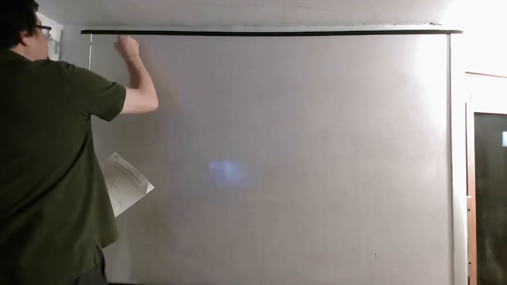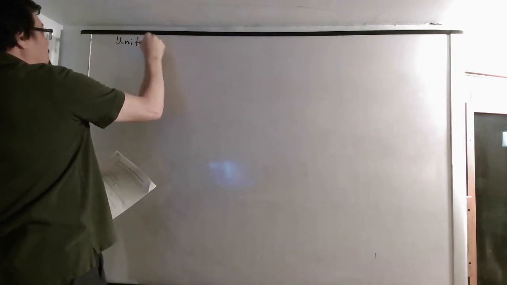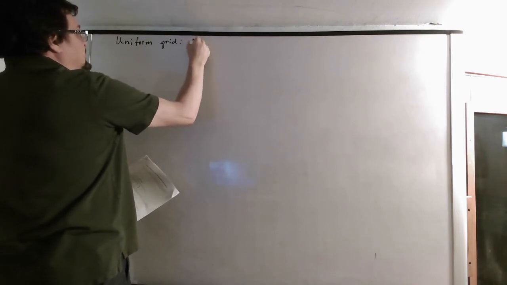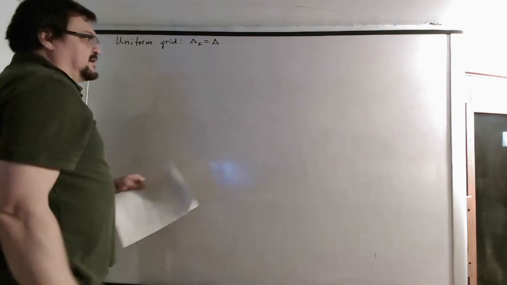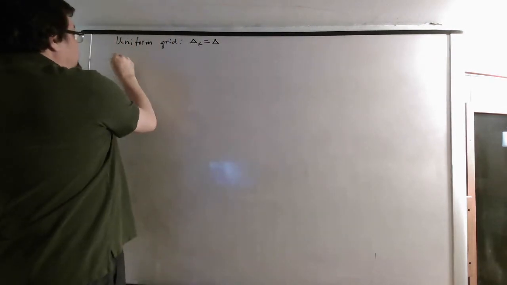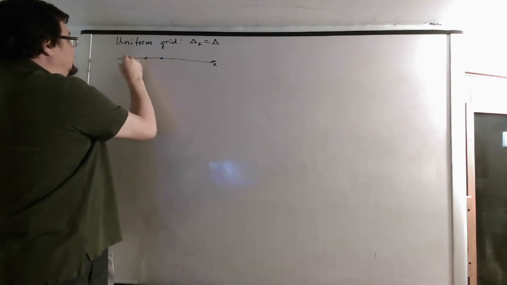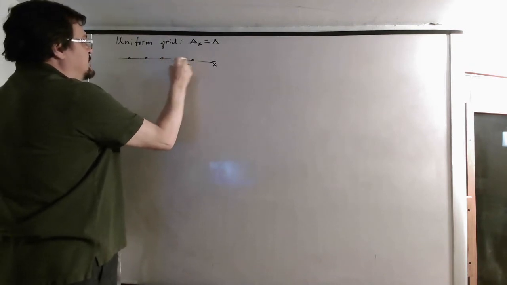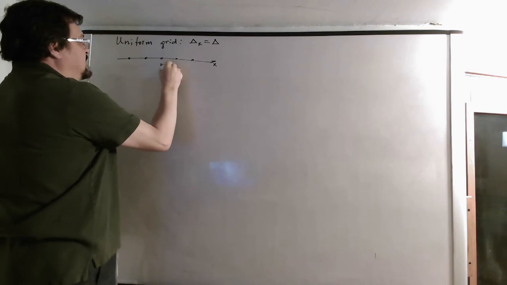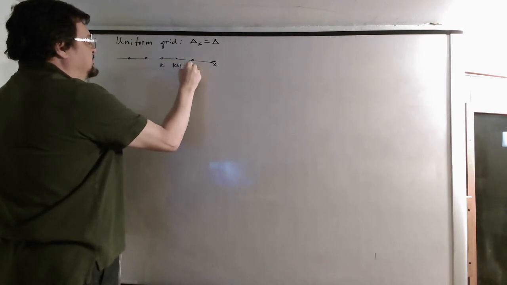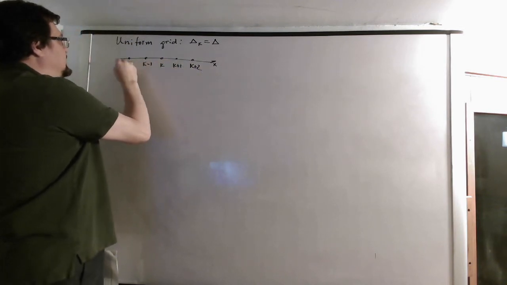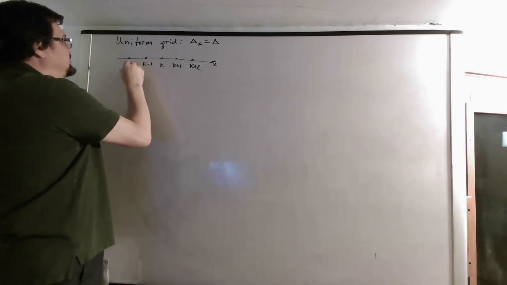So we have a uniform grid, so that delta k equals just a constant delta. So we have our grid points equally spaced: k plus 1, k plus 2, k minus 1, k minus 2.